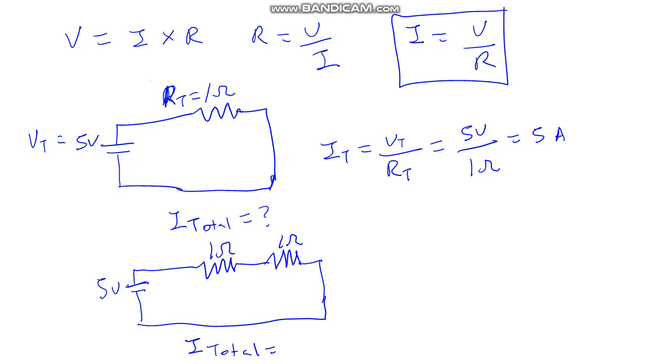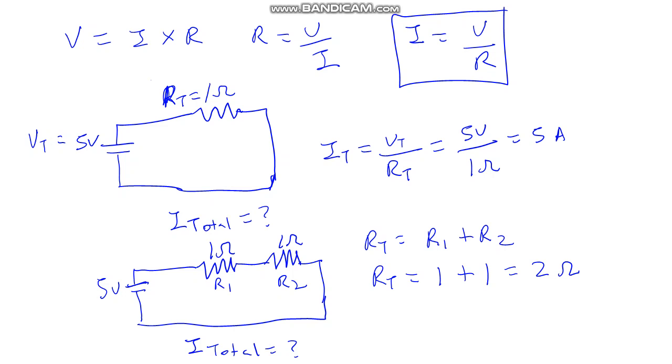When it's in series, the resistances add up. So let's say this is resistor 1 and this is resistor 2. Then the total resistance is R1 plus R2. So in this case, RT, our total, is equal to 1 plus 1. So then that gives you 2 ohms.